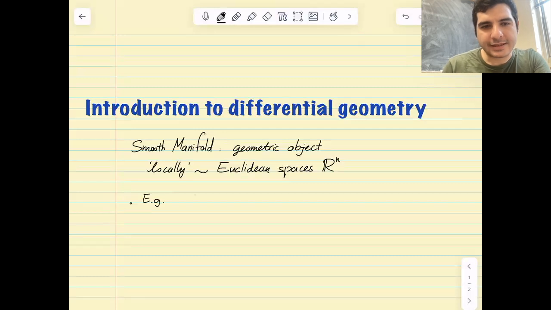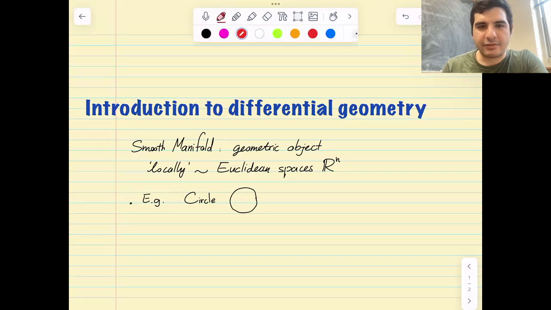So let's look at one example. Maybe one of the simplest examples to consider is just a circle. Think about the smooth circle in a plane. This is a manifold. Why is that?